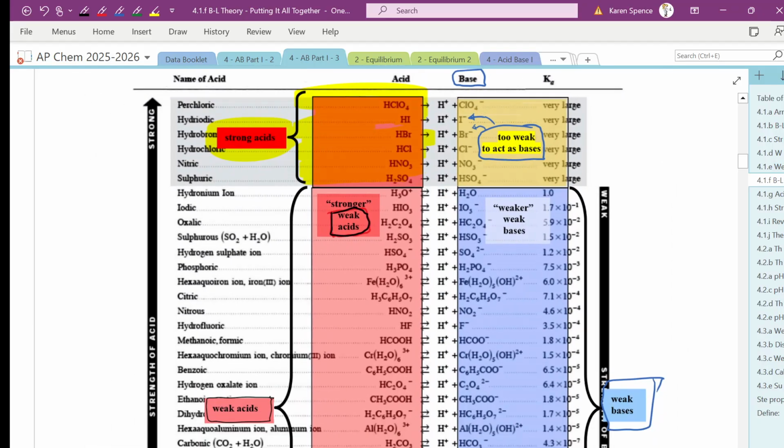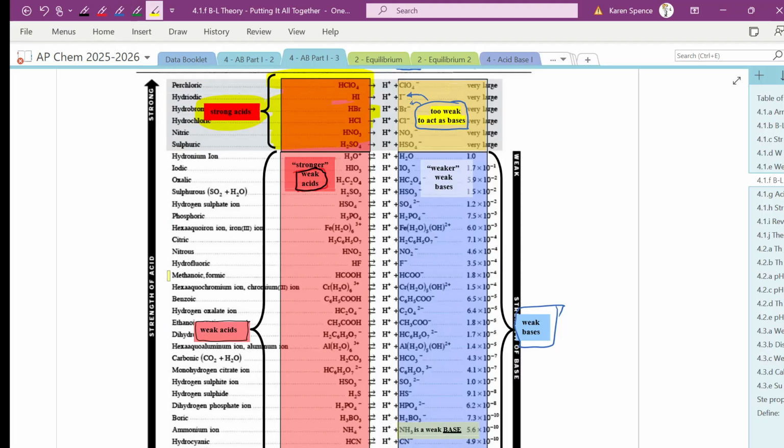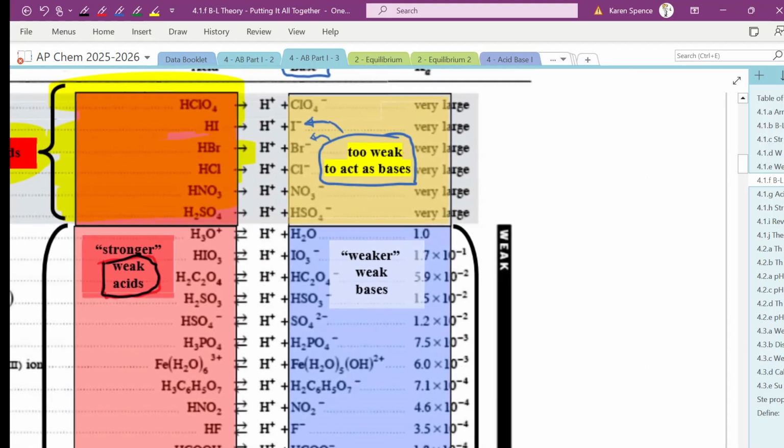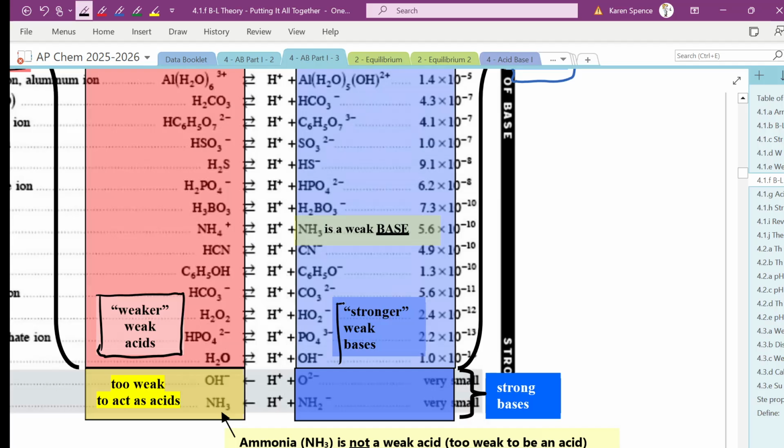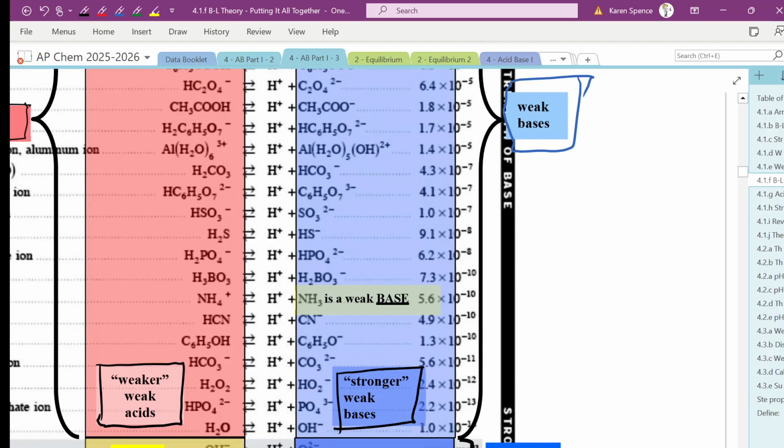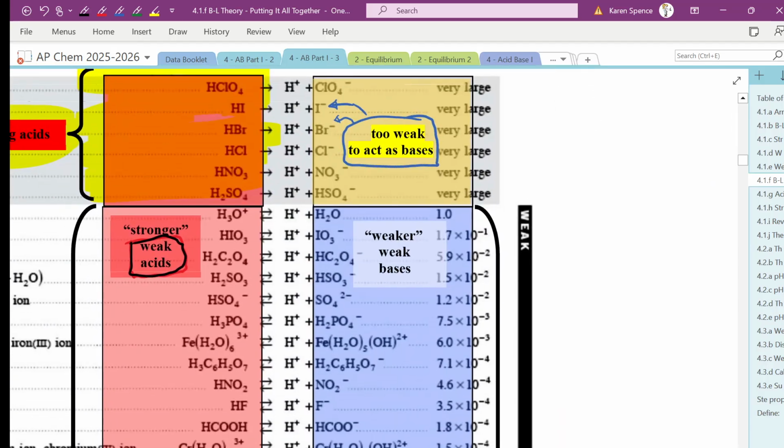But if we look at the side of the table, it gives us the strength of the acid as you go up or down. Acids become stronger as you go up the table. So we have our stronger weak acids at the top and our weaker weak acids at the bottom. But our stronger weak bases are at the bottom, and our weaker weak bases are at the top.